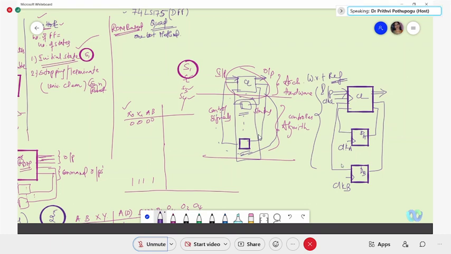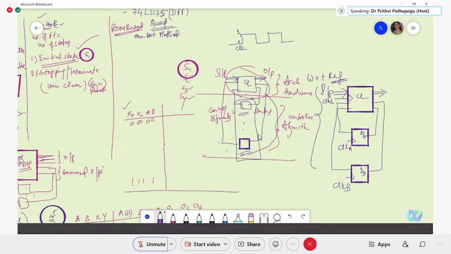And not only that, if a new clock is applied, what should be the stability of the input? That also we didn't speak about. We had a discussion earlier also. See, if this is the clock of the system, whenever we are giving an active clock edge, there should be the sensitization of the inputs that are happening.